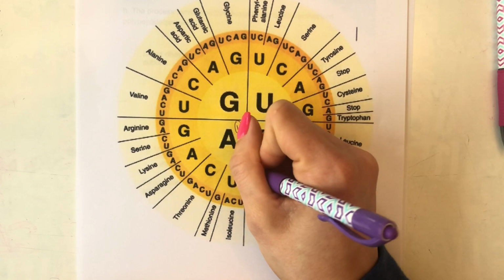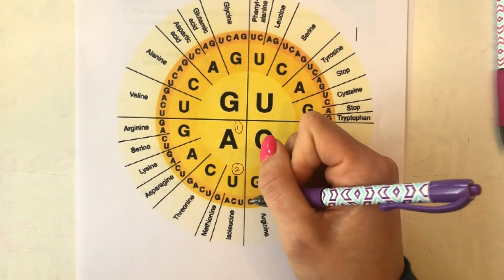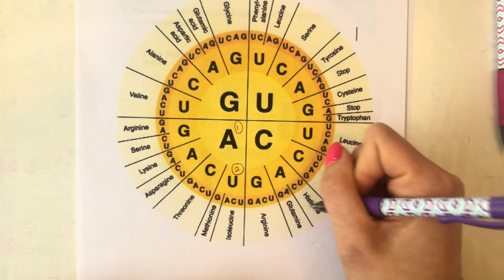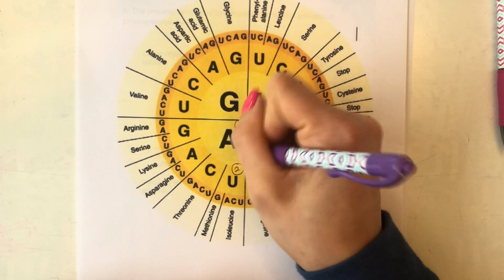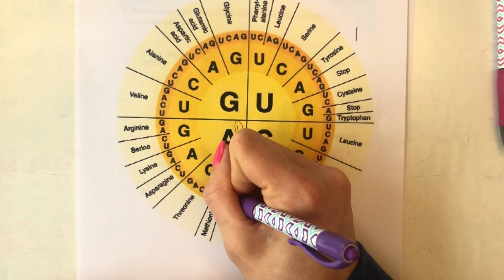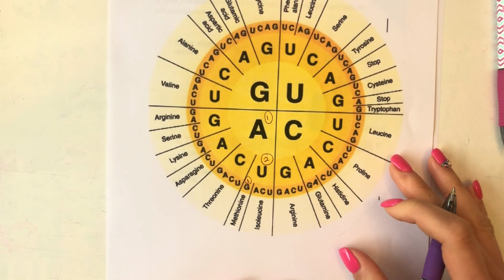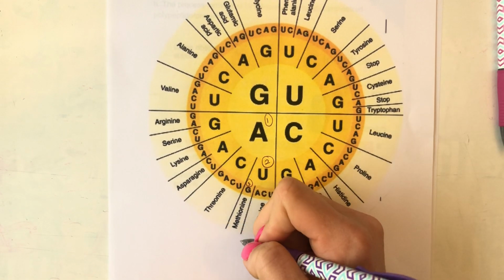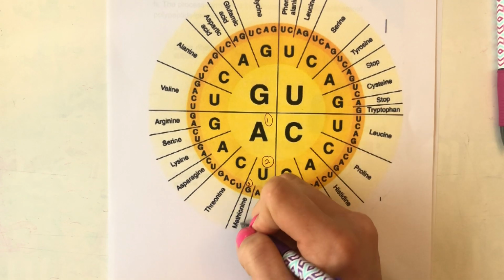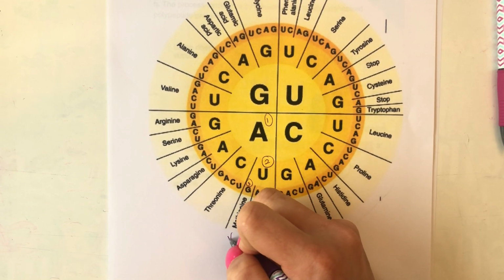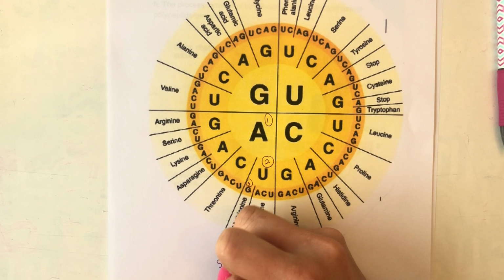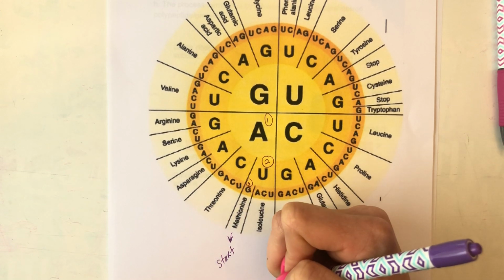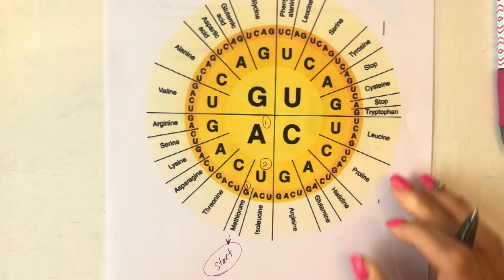The next letter down is smaller, and the third letter you find in the outer perimeter of the wheel. So for a start codon, we have AUG. You might read this as methionine and say, hey, Miss B, that doesn't say start. Well, methionine, since it's the only combination that you get for this specific amino acid, this is our start codon. Methionine and start are synonymous with one another.